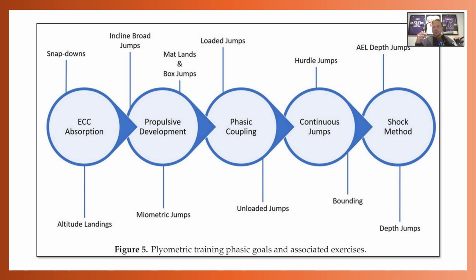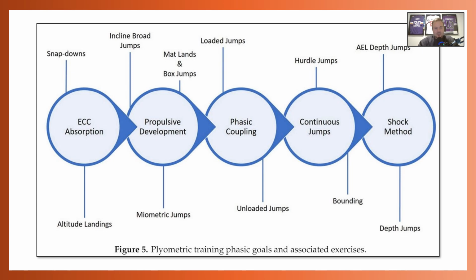So we're not really going into an amortization phase. We're just going into a snap down into a squat. We're eccentrically slowing ourselves down as quickly as we can and stopping. So a true plyometric would be we do that and then we get out of it, right? And that's what we do with something like loaded jumps, box jumps, etc. We snap down, get out of it.